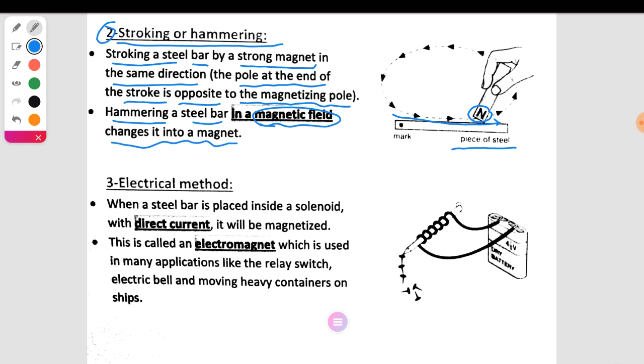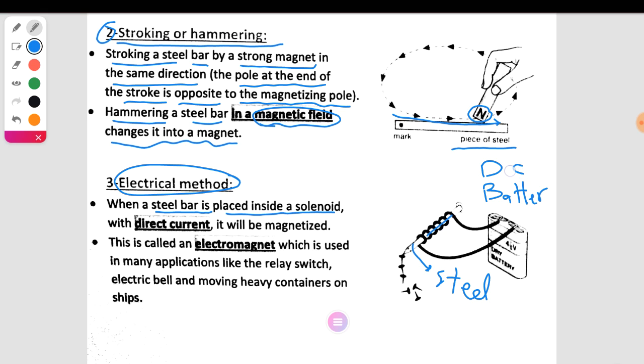The third method is called the electrical method. When a steel bar is placed inside a solenoid, like this steel bar, connected with a source of electricity called a battery. A battery is a DC source.